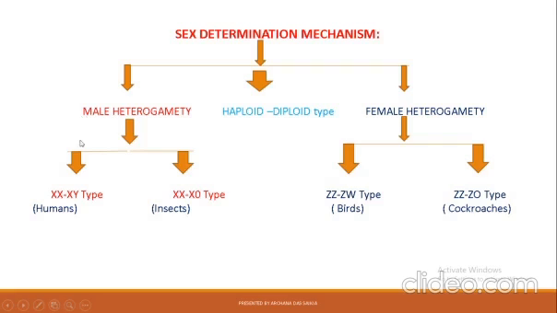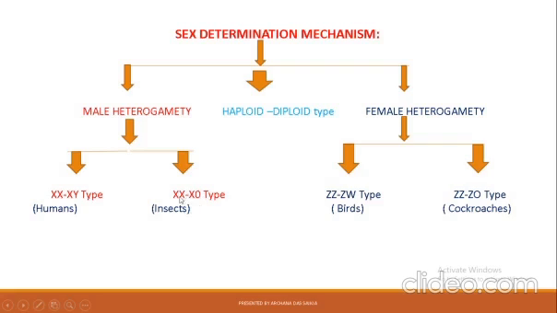Under this category, again we have 2 types to study as per our curriculum, that is XX-XY type, which is very commonly seen in humans or mammals. Then XX-XO type, which is seen in insects, with some exceptions of course.